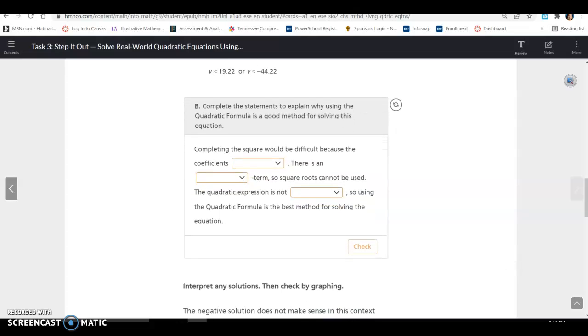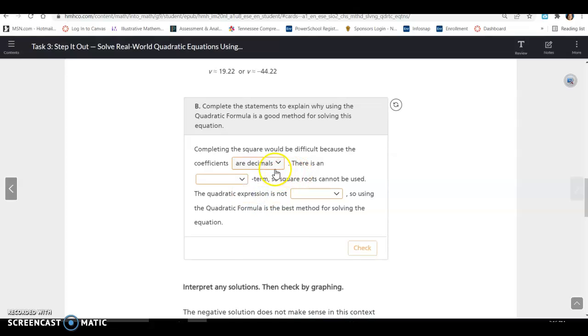All right, so it says choose the statements to explain why using the quadratic formula is a good method for solving this equation. Completing the square would be difficult because the coefficients are decimals, which means it would be hard to get a squared term. So decimals would make it hard to have a perfect square. There is a middle term, so square roots cannot be used.